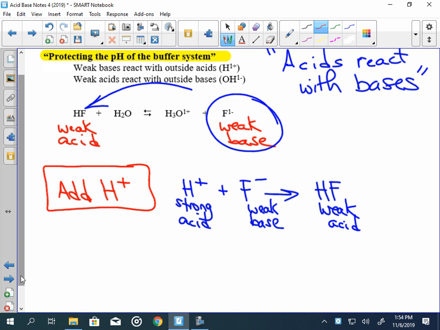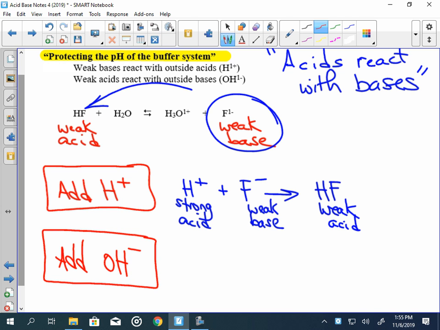Well, let's say that you decide, you know what, I'm going to add hydroxide, a strong base, like maybe potassium or sodium hydroxide. No problem.